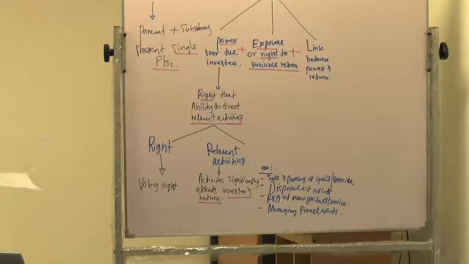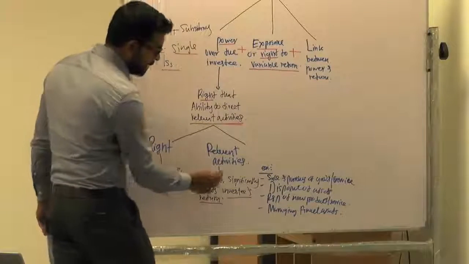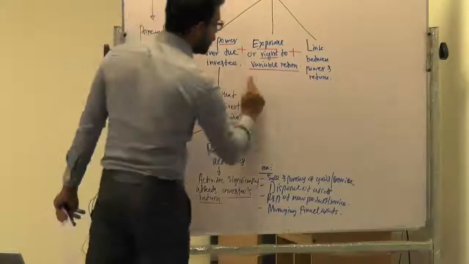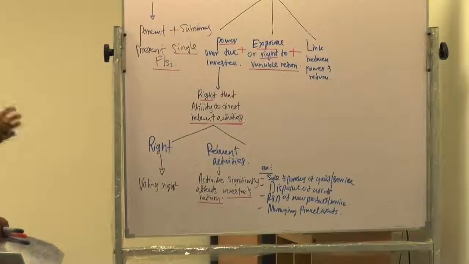Fine. Exposure or rights to variable return. Here we have discussed that word: activities significantly affect the investee's return. What return? Variable return. To decide control, the second element is exposure or rights to variable return. What does that mean? Variable return means not a fixed thing.